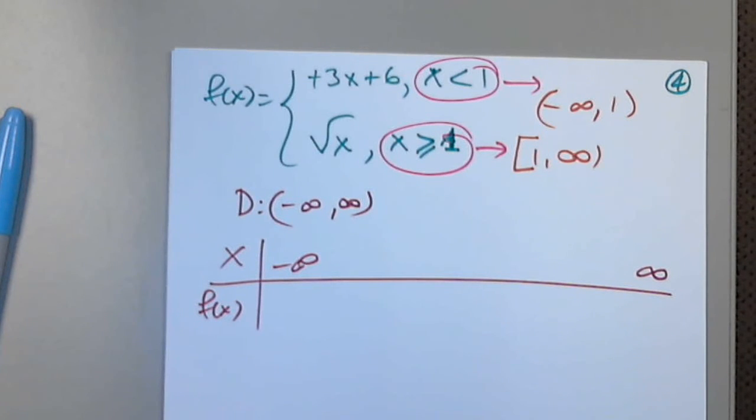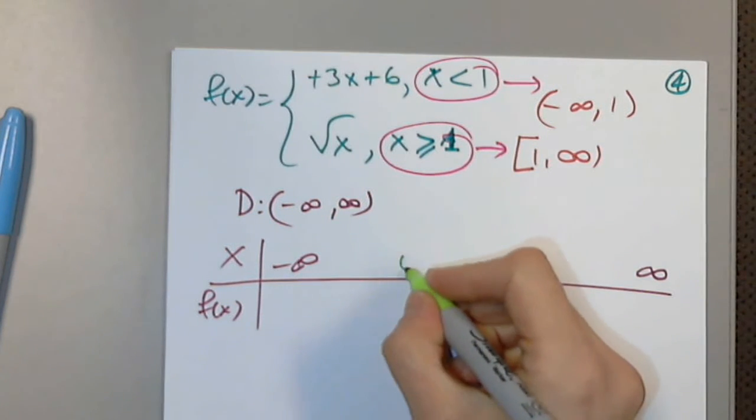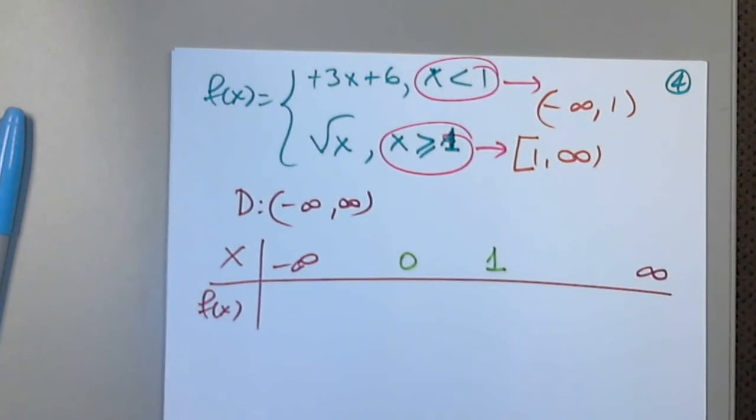Which x value must be in the chart no matter what? 1. Why? What happens at 1? That's where the graph may, I don't know yet, break, where this side cannot be extended this way and this side cannot be extended that way. So, of course, 0 has to be in the chart as well, but 1 is the key. Exactly.